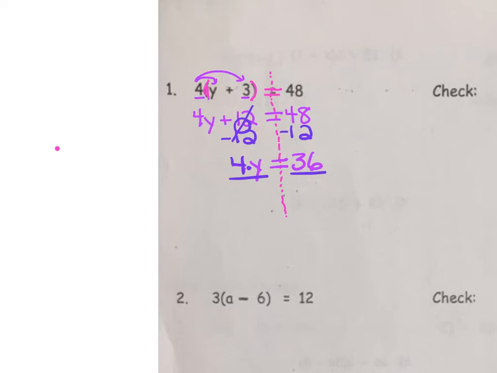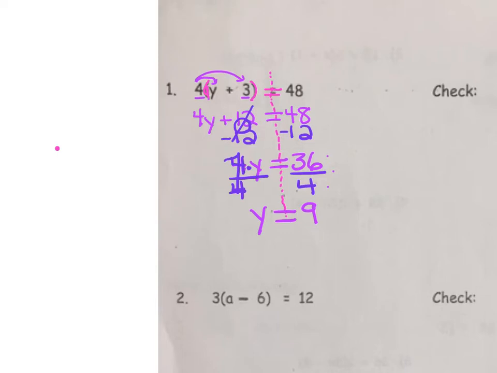Using the inverse operation, we will eliminate the coefficient of 4. But if you divide the left side by 4, you also have to divide the right side by 4. We get y equals 36 divided by 4. It's 9. The value of y is 9.